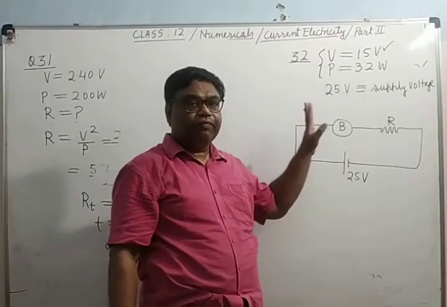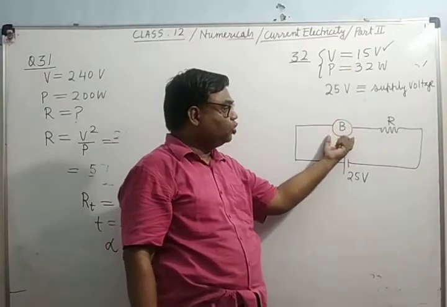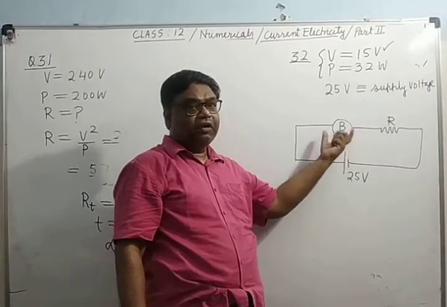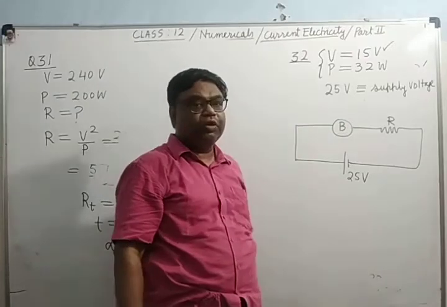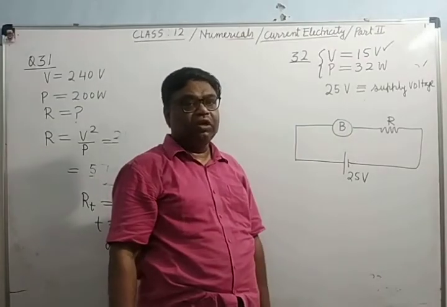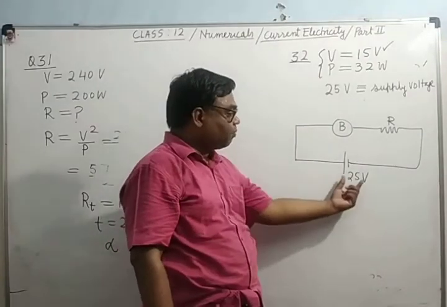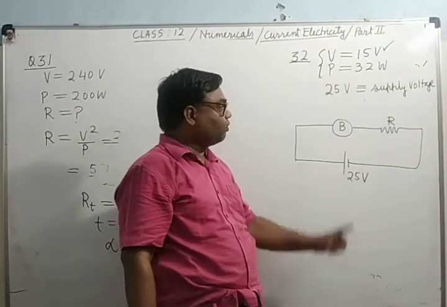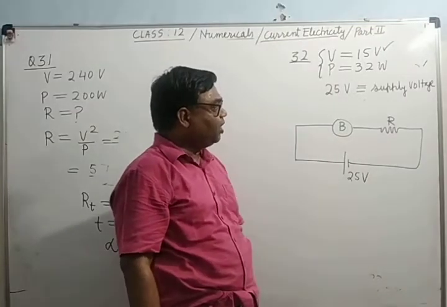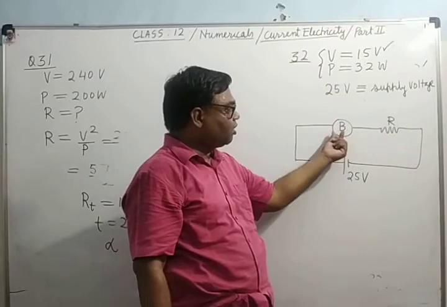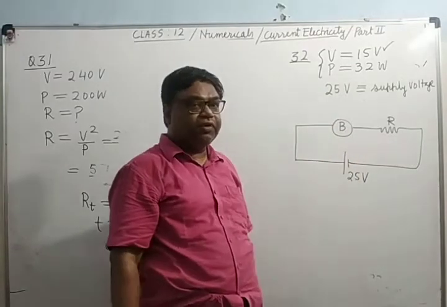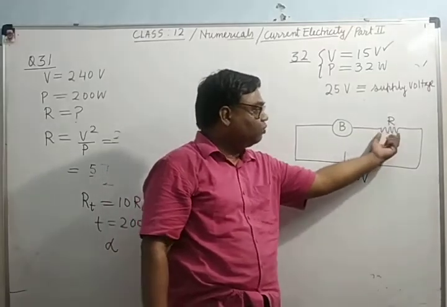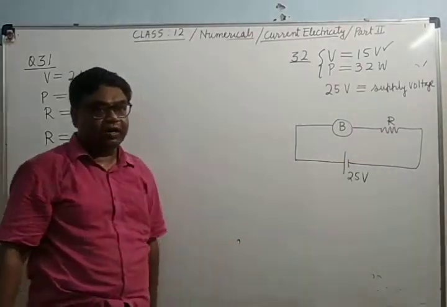It will work with full illumination when the power consumed here is 32 watt, and then the voltage across it will be 15 volt. So total drop of potential is 25 volts. Remaining volts will be 25 minus 15, that is 10 volt. 10 volt will drop across the R.